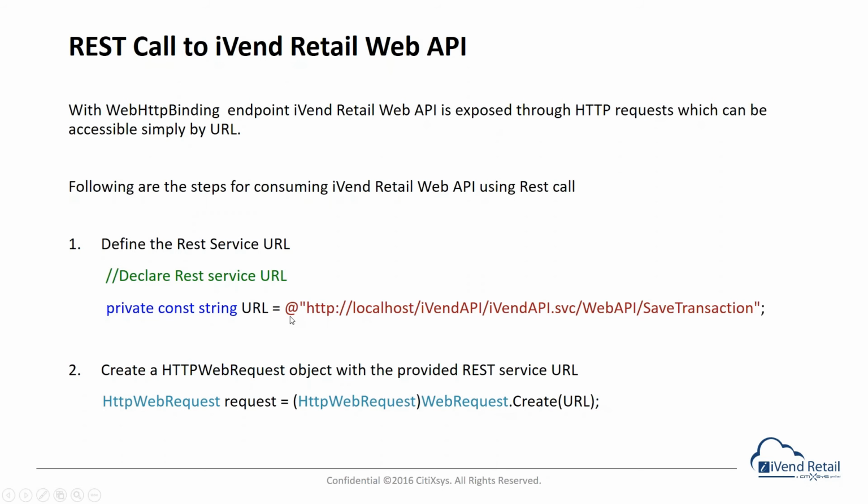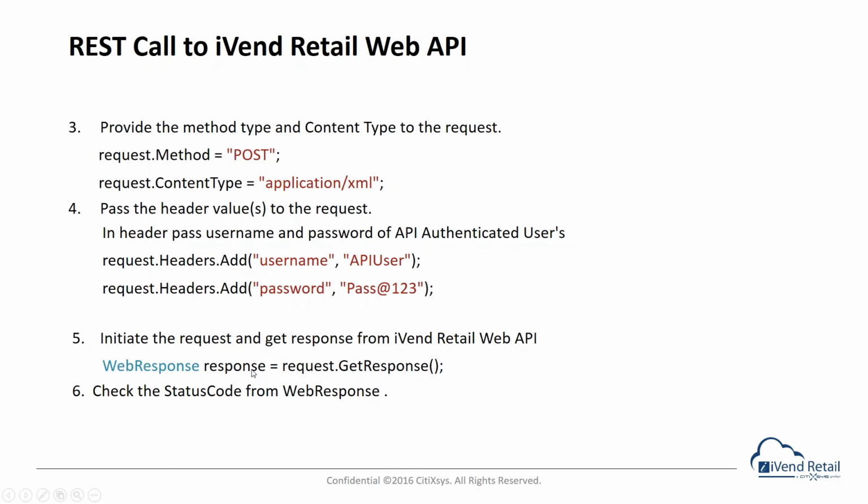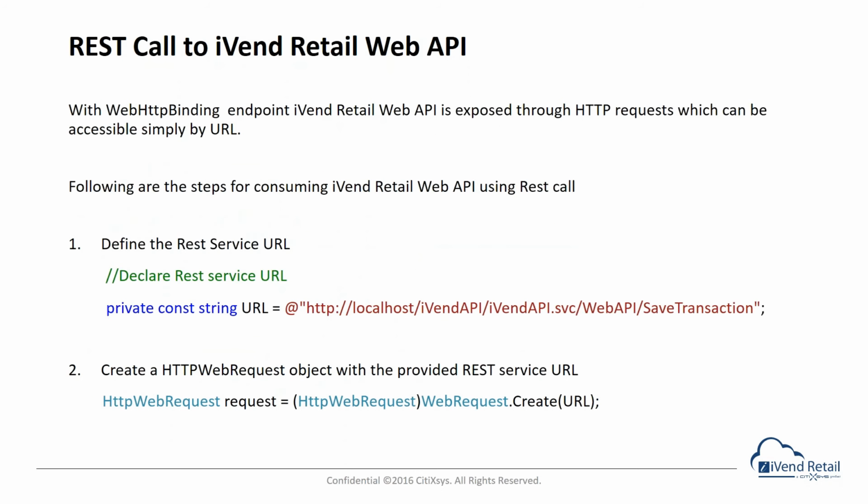You can choose any other method using the web API help and get the signature for that. Also, you will require the XML payload. iVend APIs work with XML payloads for request and response. So step by step, first is to define the REST service URL, which is quite simple and common.